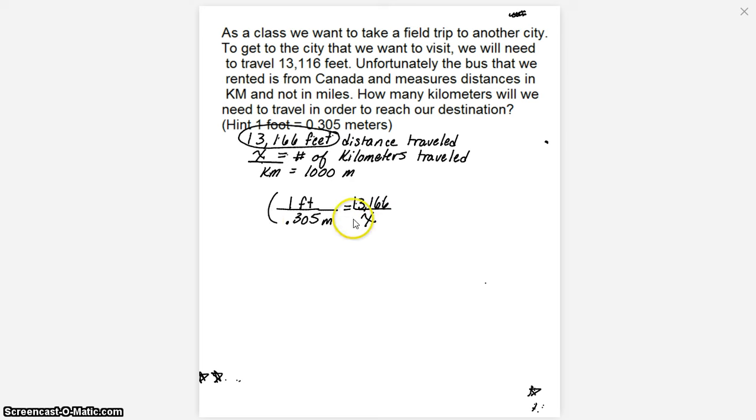So I need to multiply both sides of the equation by both denominators, x and 0.305. Okay, and then don't forget your decimal like I almost just did.